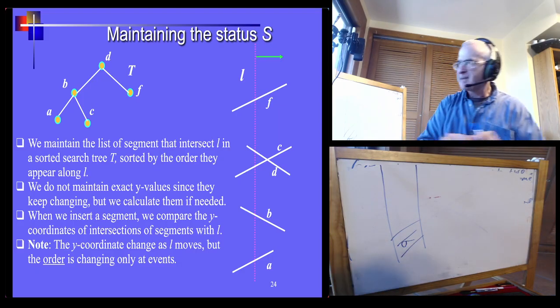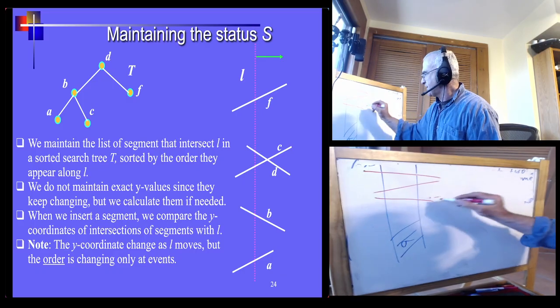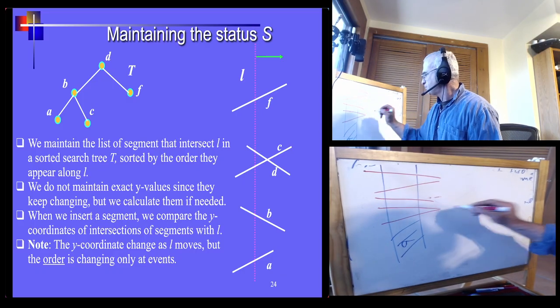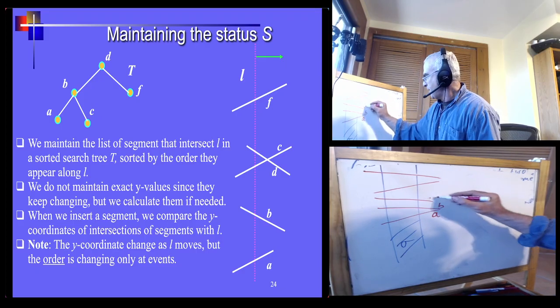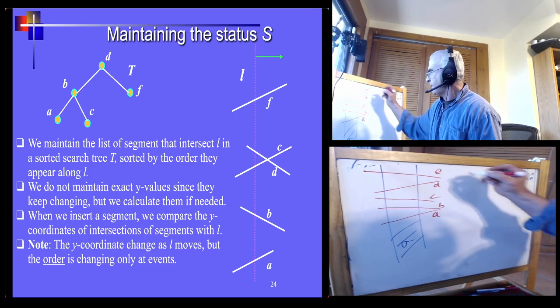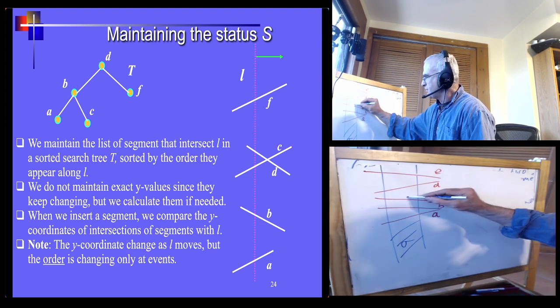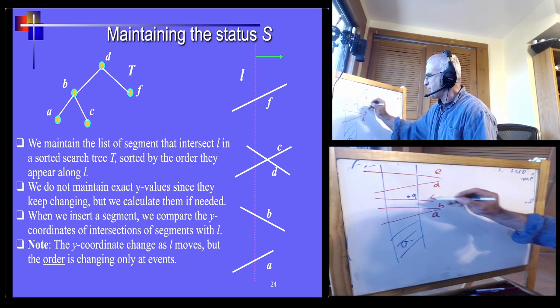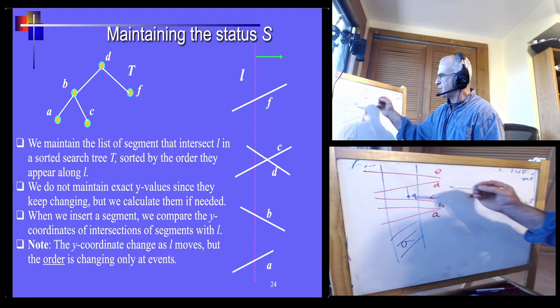You have a set of segments, non-crossing segments, call them A, B, C, D, E, and the question was to perform binary search between them. I'll give you a point Q, and I want to ask who is the segment just above me, who is the segment just below me.